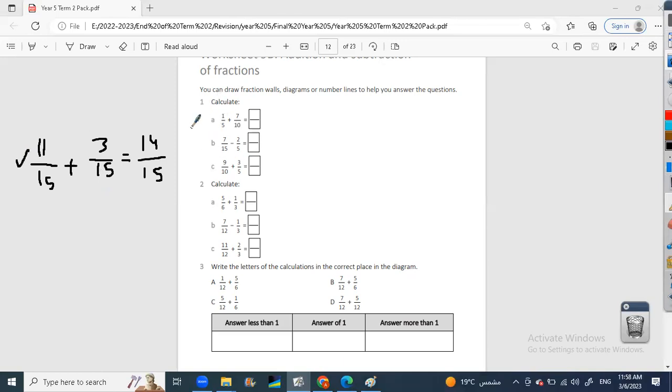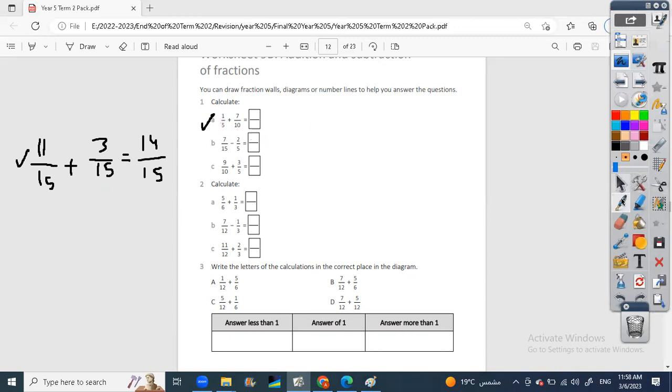But what if the denominators are not the same? Like in the one over here that we have in question A. Check the larger denominator, which is here at 10. Can you make the other denominator into a 10? Yes, I can. How? Multiply it by 2.